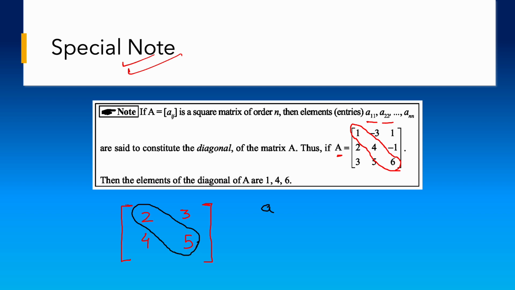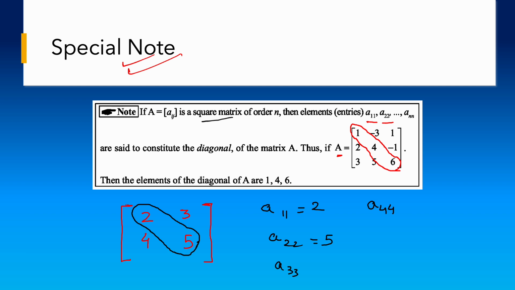So here the diagonal elements are going to be A11, which is 2, and A22, which is 5, right? So for any square matrix, the elements A11, A22, A33, A44 and so on are termed as the diagonal elements or elements on the diagonal.